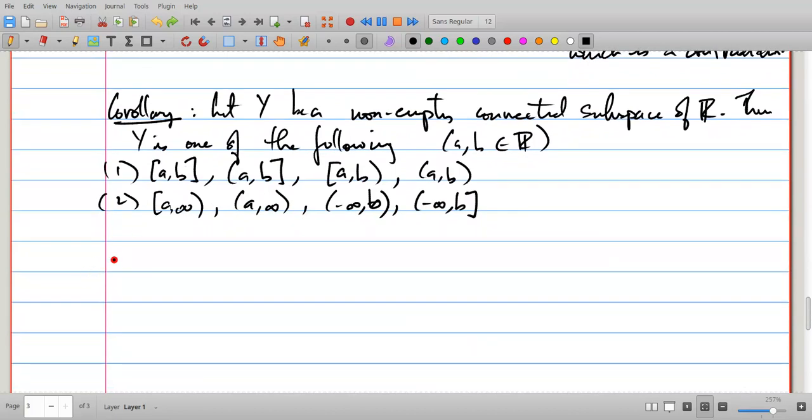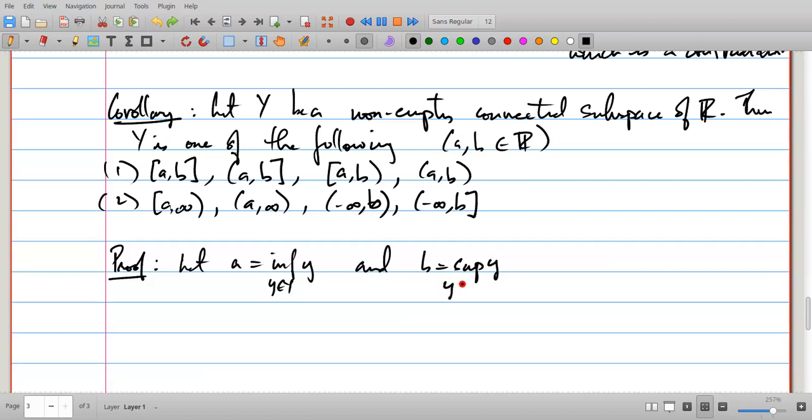Proof. The idea of the proof is very simple. We let A be the infimum of Y and B be the supremum. Then A is less than or equal to B. If A is equal to B, then Y is the singleton set {A}. So let's consider the other case.